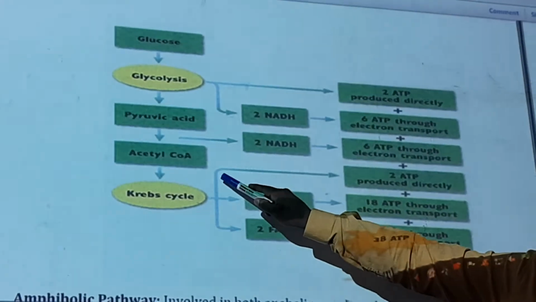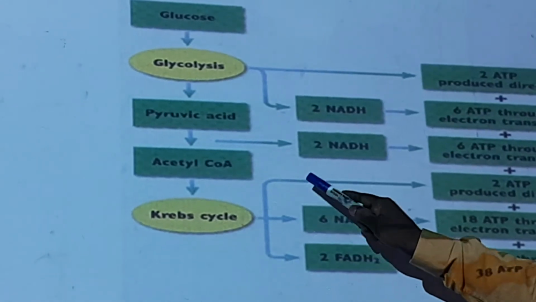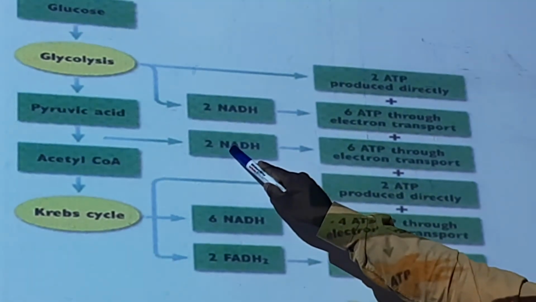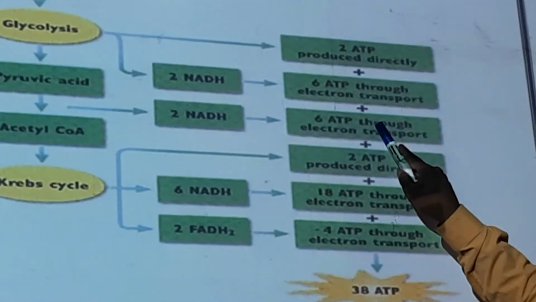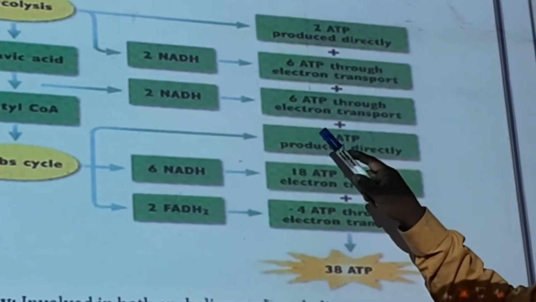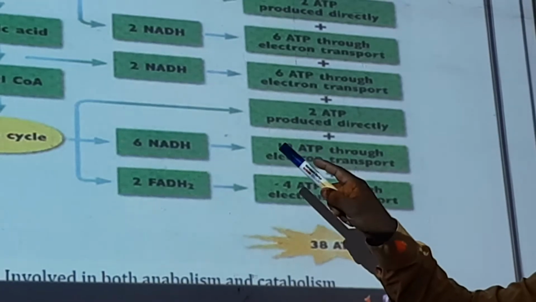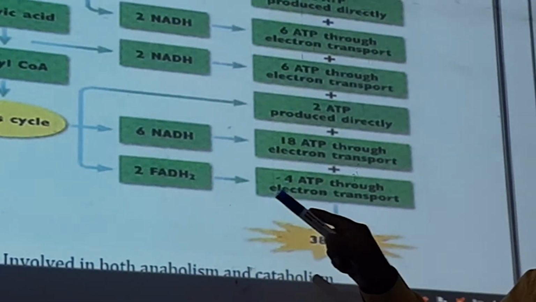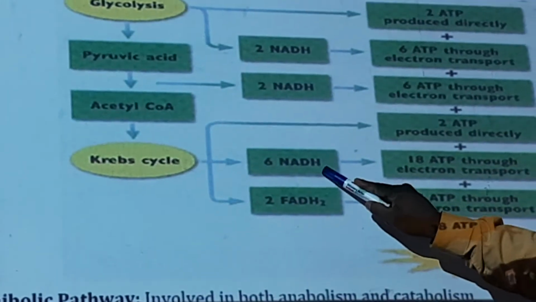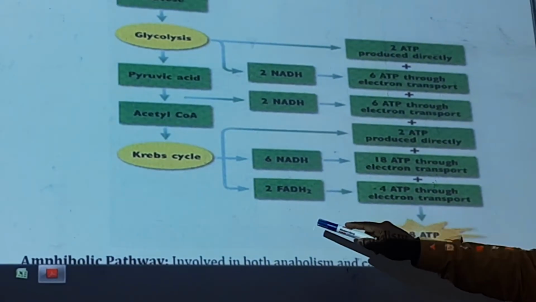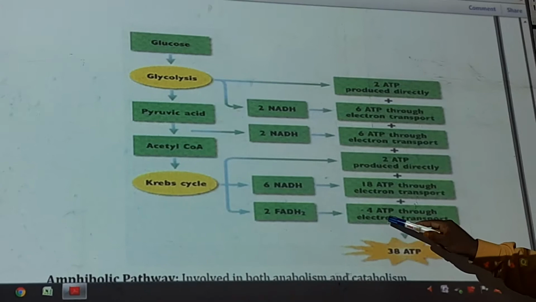Pyruvic acid to acetyl coenzyme A: 2 NADH2s are synthesized at this level, which is equal to 6 ATP. In acetyl coenzyme A formation, carbon dioxide is liberated and NADPH2 is formed. Okay, in the citric Krebs cycle there are 6 NADH2, 2 FADH2, 2 ATP. They have not mentioned that.